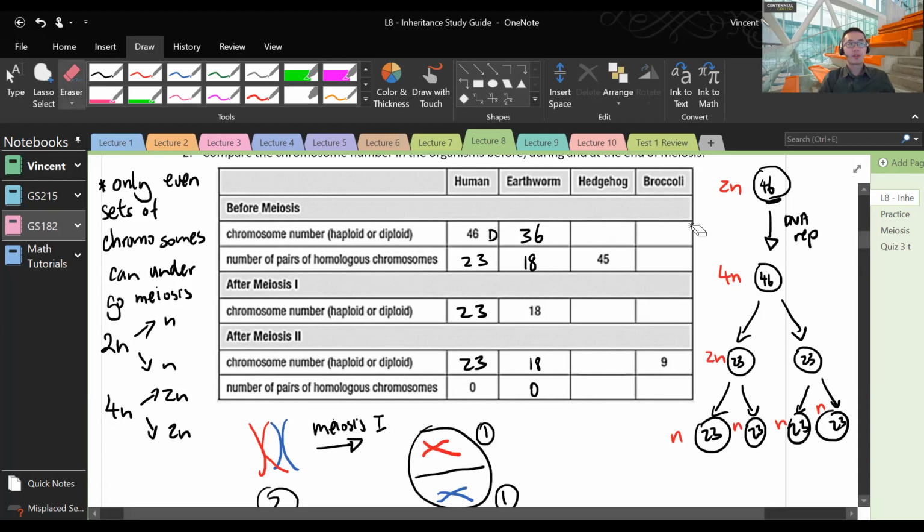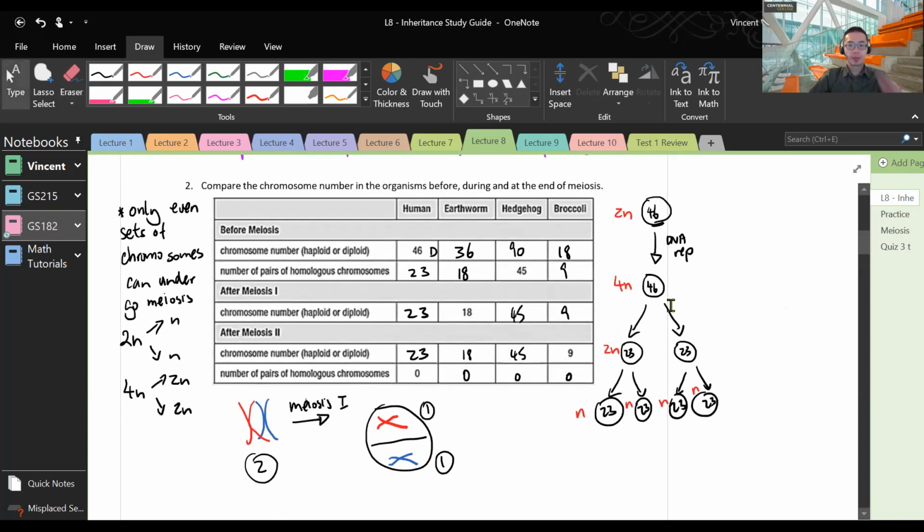Okay, so it's just the first number is always going to be double. Okay, and after each division, it's going to be half of the original. Okay. Sorry about the confusion there. I hope I'm making sense.